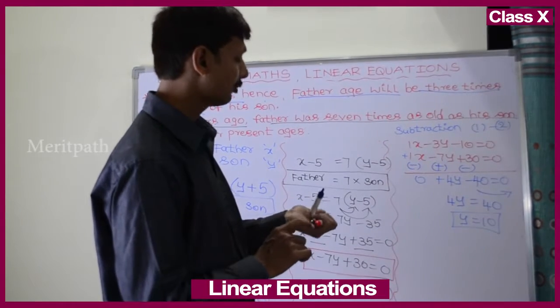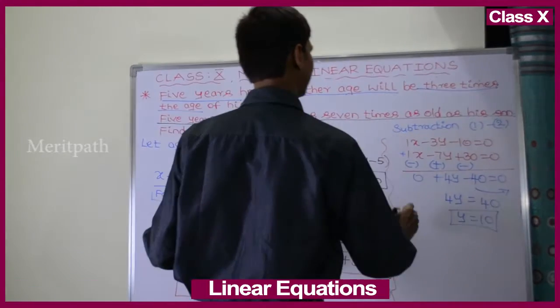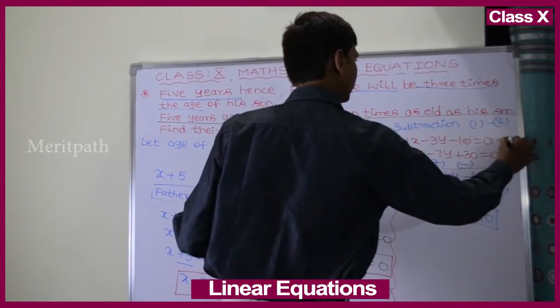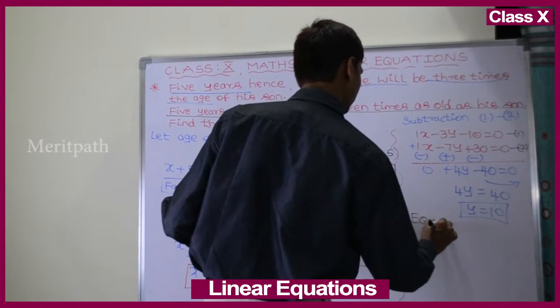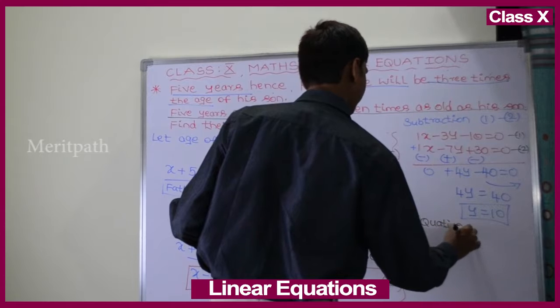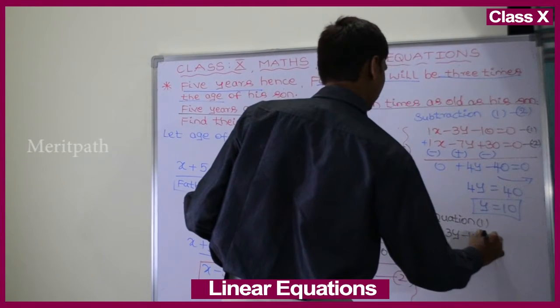Let us find the value of x using equation 1. Here is the first equation: x minus 3y minus 10 equals 0.